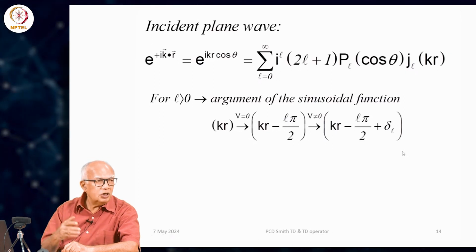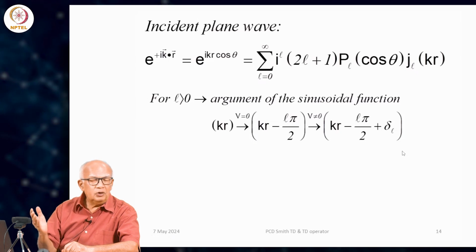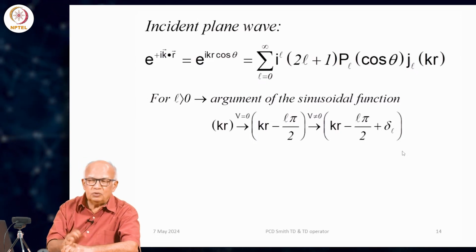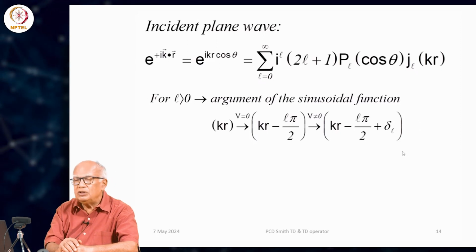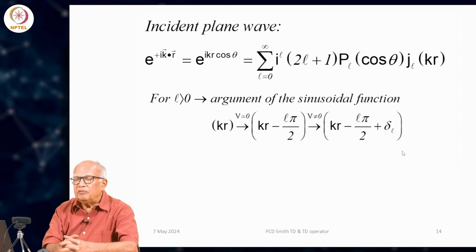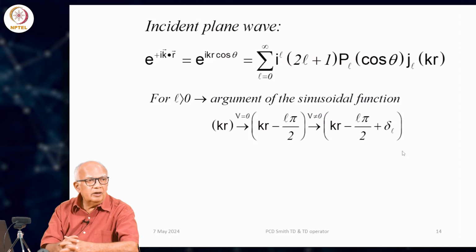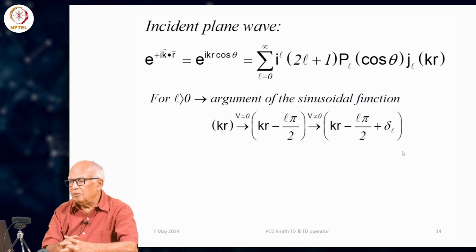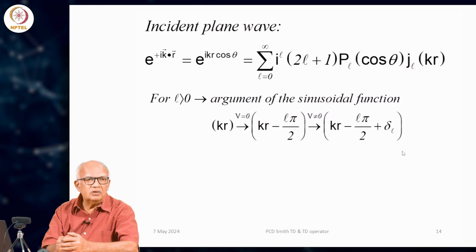You need solutions for all the partial waves. You get the solution for L equal to 0 very easily, because you just throw off the term V equal to 0 and you have a very simple differential equation to solve, just as simple as that of the simple harmonic oscillator.